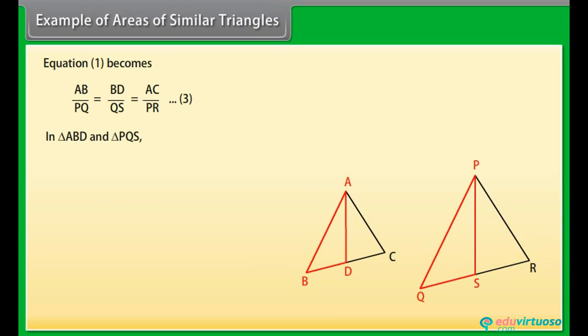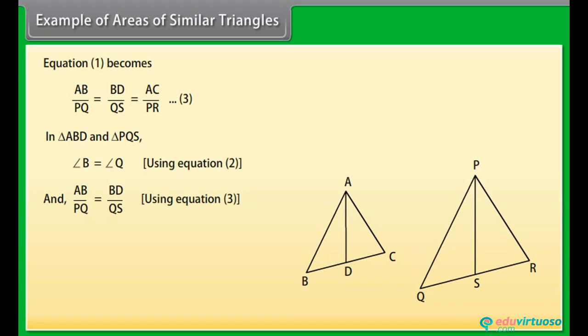In triangle ABD and triangle PQS, by using equation 2, angle B is equal to angle Q, and by using equation 3, AB upon PQ equals BD upon QS. Therefore, triangle ABD is similar to triangle PQS, SAS similarity criterion.